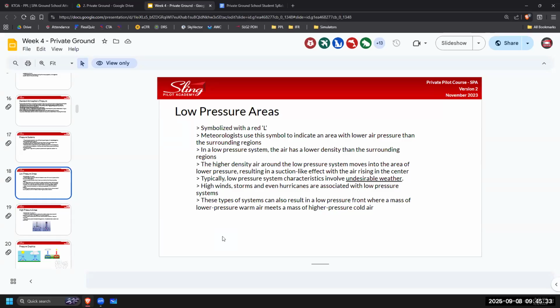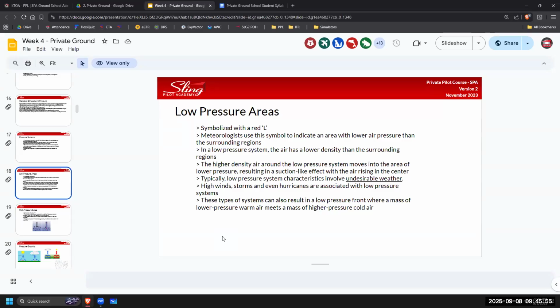The way I remember this is screwing a cap on and unscrewing. Unscrewing a cap is the low pressure system. So I'm moving my hand counterclockwise and I'm pulling up because I'm taking the lid off.